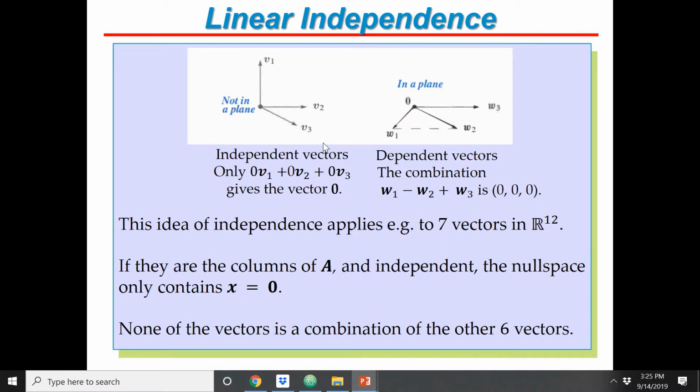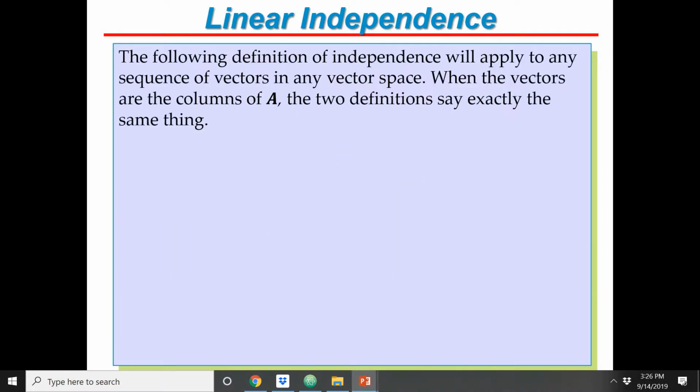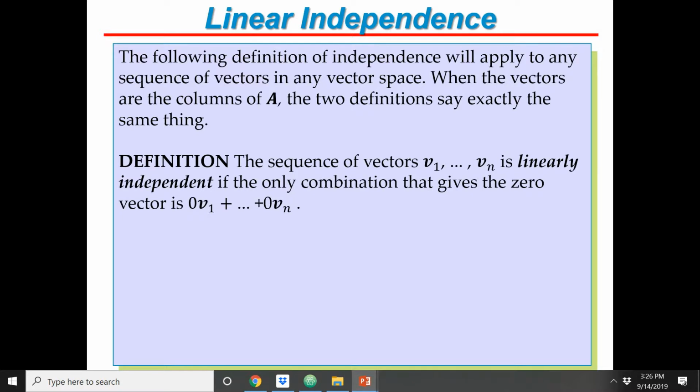So, okay. This definition is very natural, and you can test for any set of vectors. Let me just summarize: if you're given a bunch of vectors, v1 to vn, from some vector space, linear independence implies that the only combination of these vectors that gives you the 0 vector is the combination with all the coefficients equal to 0.